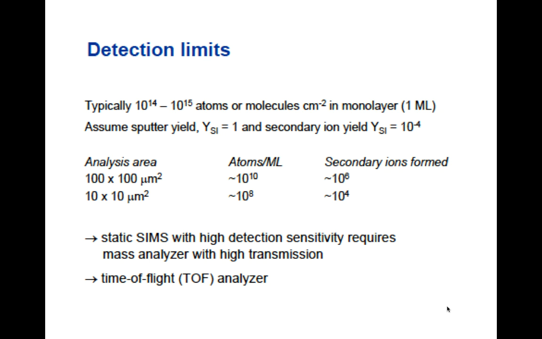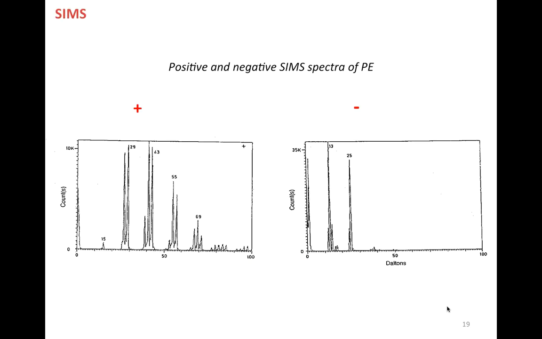and this can be enhanced with a time of flight analyzer. So this is an example of positive and negative secondary ion mass spectra for polyethylene. The repeat unit of polyethylene is CH2.